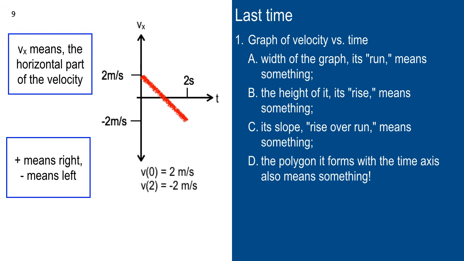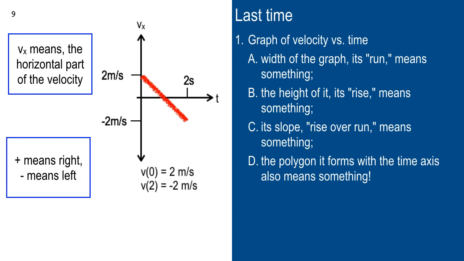So this would mean that I'm actually moving in that direction at time t equals 0. But 2 seconds later, I'm over here at the end of the graph, below the time axis. So that means I'm in negative v subscript x, and that means after 2 seconds I'm actually moving to the left. All right?